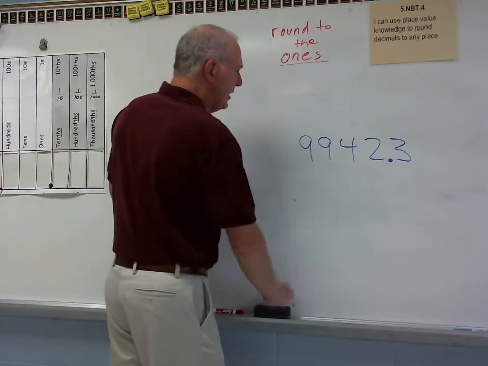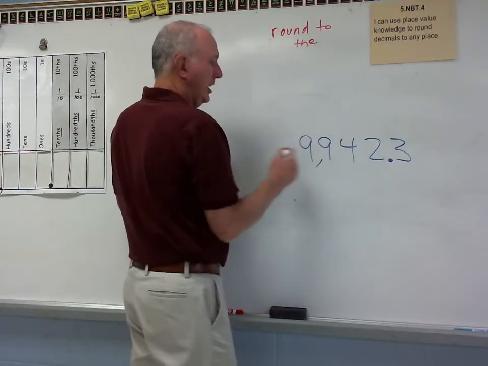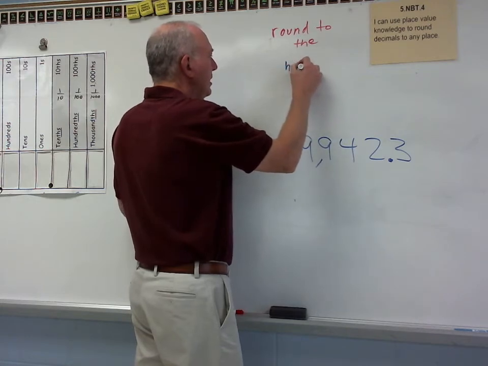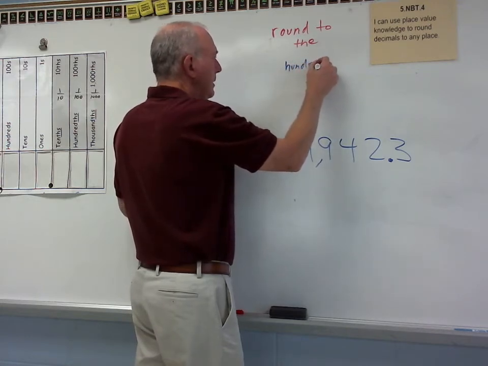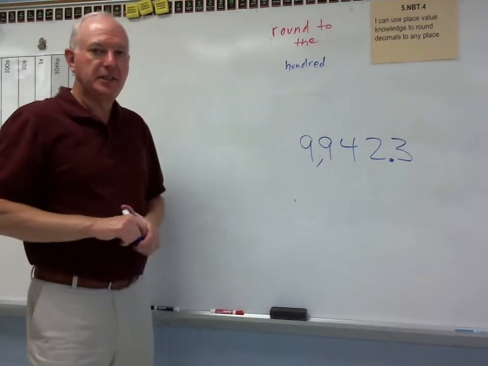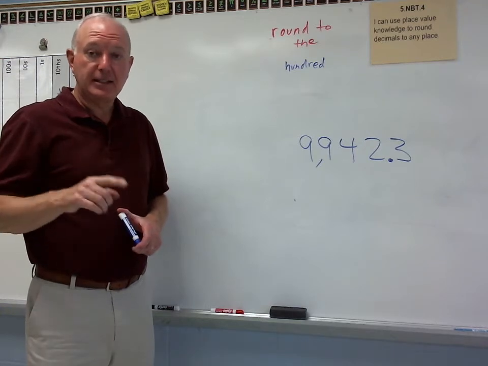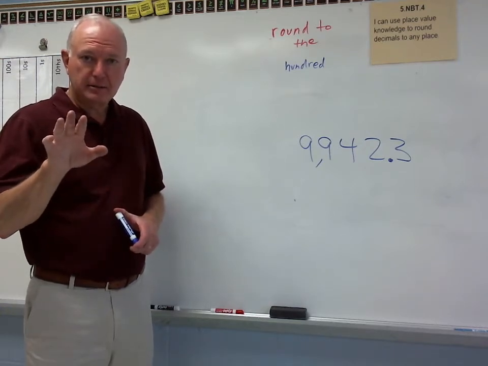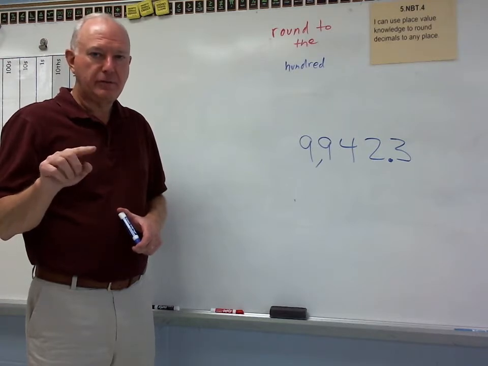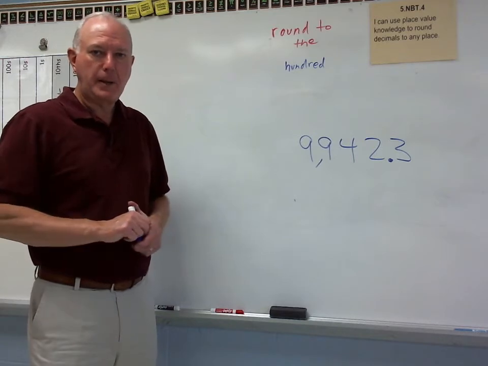I guess I'll go with that. Okay, this time we're going to round this to the nearest hundred. The nearest hundred. In fact, while you're doing that, I'm going to tell you ahead of time, we're going to work this 2 different ways. But you go ahead and work this down. Go ahead and pause.